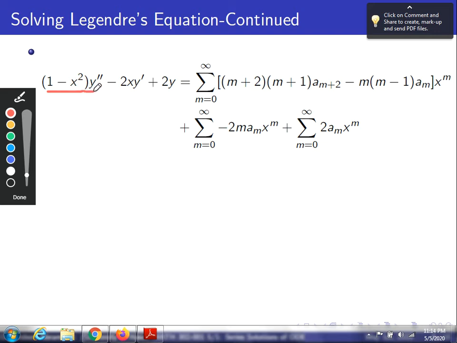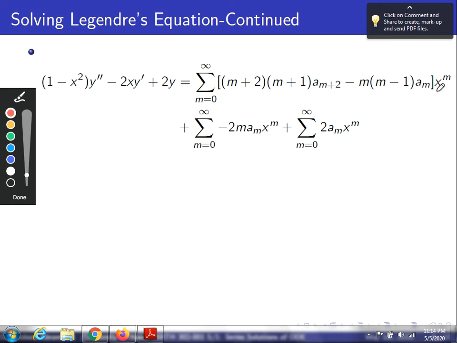1 minus x squared times y double prime, minus 2x times y prime, plus 2y. This first term was (m plus 2) times (m plus 1) times a sub m plus 2 minus m times (m minus 1) times a sub m times x to the n. Now we add negative 2m a sub m x to the m, this sum, and we add 2 a sub m x to the n.